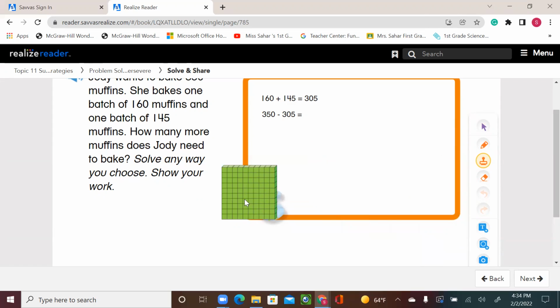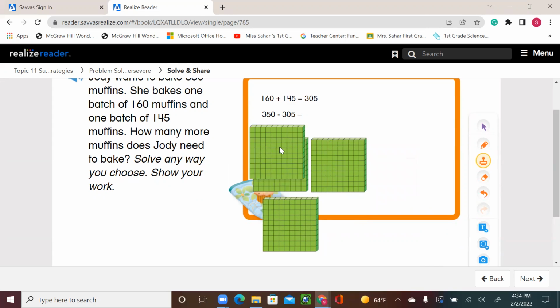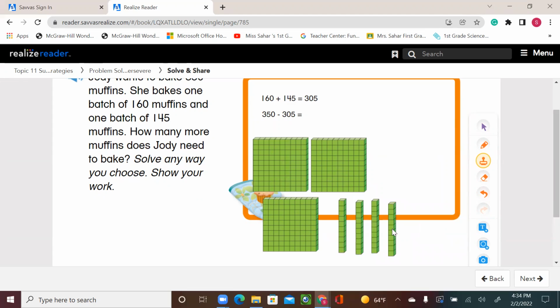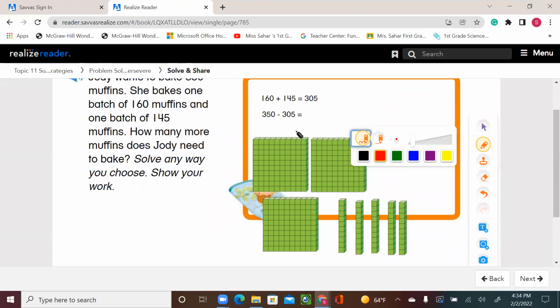350. So that's 300. And then 50 means 5 tens. So let's go for 5 tens. 1, 2, 3, 4, 5. And then we have 0 ones, so no ones. Now I need to subtract 305. So, okay, 300.